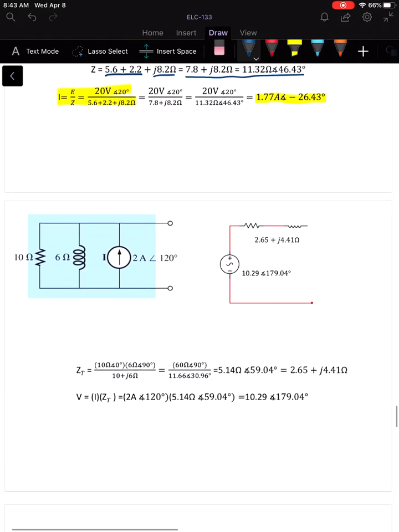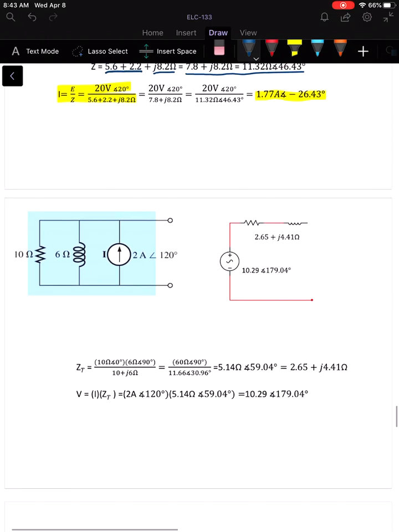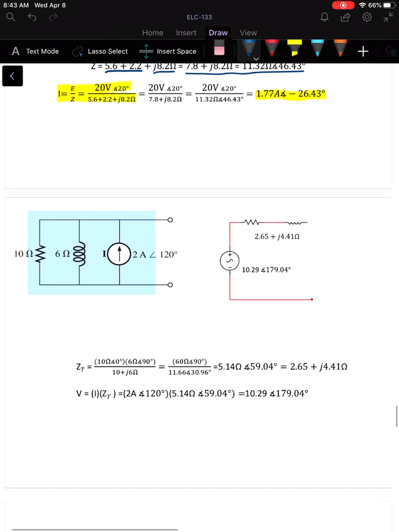All right, so let's look at a current source that we're going to find the equivalent voltage source for. Here again, we're going to take our parallel impedance, and this time we're going to take both the resistor and the inductor and find our ZT. We did the product over the sum, so the resistor impedance times the inductor impedance over the sum of both.